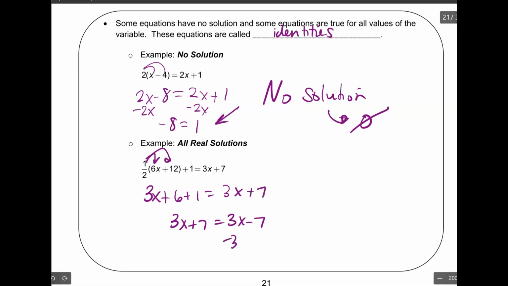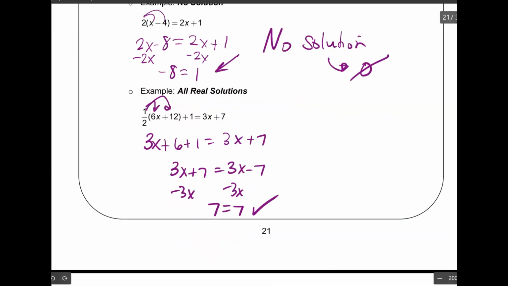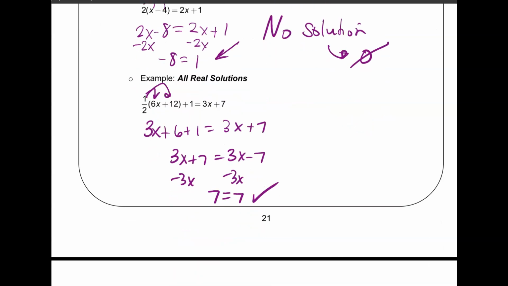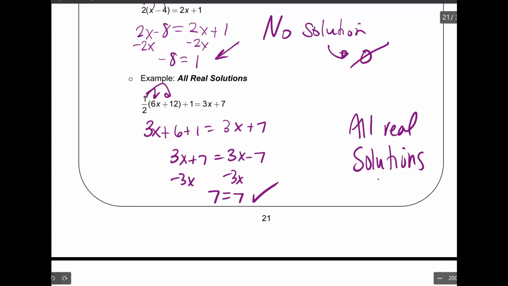If I subtract 3x on both sides, I get 7 equals 7. Well, that's always true. It doesn't matter what number you plug in for x. So it's going to be a solution of all real numbers. The way we write it is like this with that special R. All real solutions.